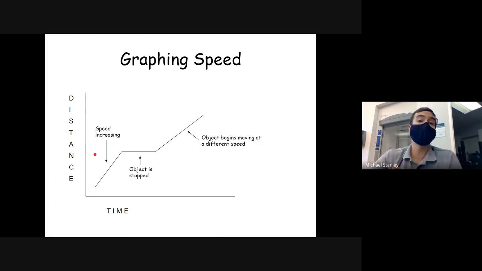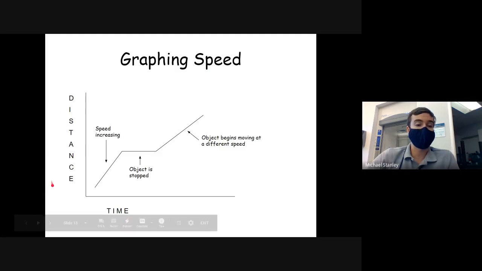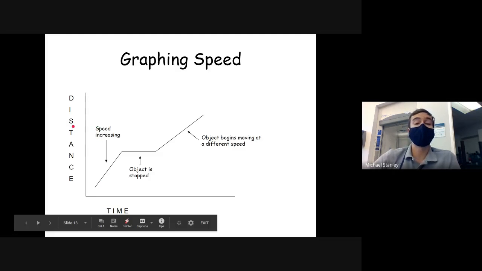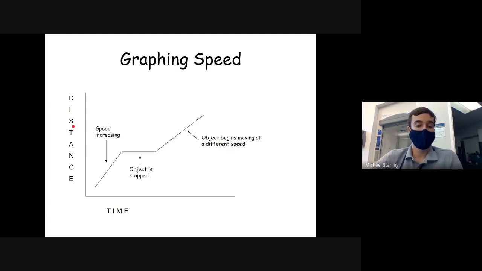So a lot of times people like to graph the speed of something, to see how quickly it is traveling over time. And remember, speed means looking at distance and time. So that's how people graph speed as well.